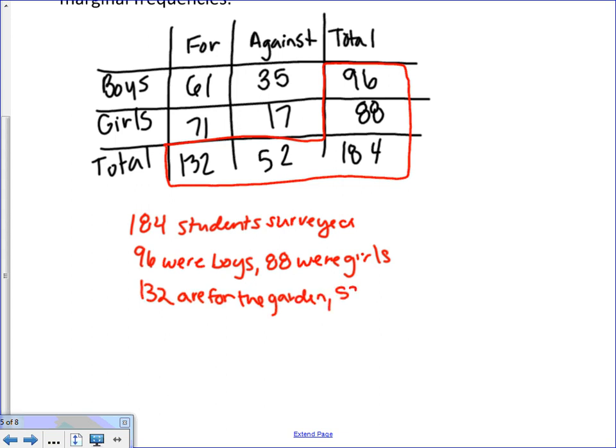And I've got 52 against. And I just summarized or interpreted my marginal frequencies. So that's really all it's asking you to do. Do I have to talk about those other numbers in the middle of the table? Nope, because it doesn't ask about the joint frequencies. Okay, it just says interpret your marginal frequencies.